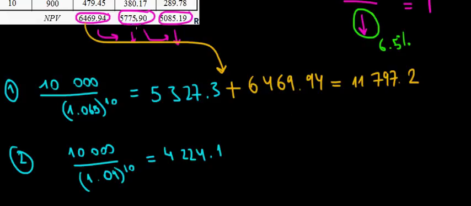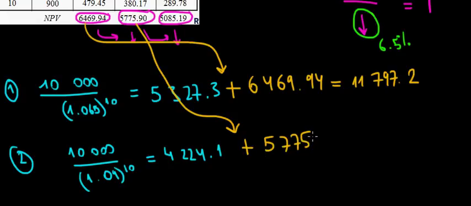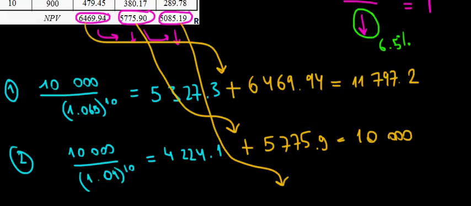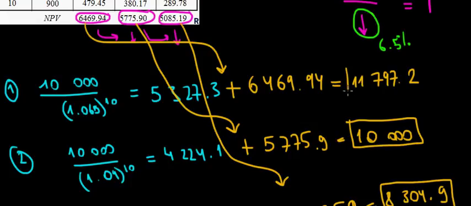Now, the 5,775.9 belongs to 9%, so we're adding it over here, and as a result we have 10,000 euros, exactly the amount that we lent. And here we are adding 5,085 when we discount at 12%, and the result is 8,304.9. So this is the present value of the bond. This is how much the money is worth today, including the cash flows from the coupons.